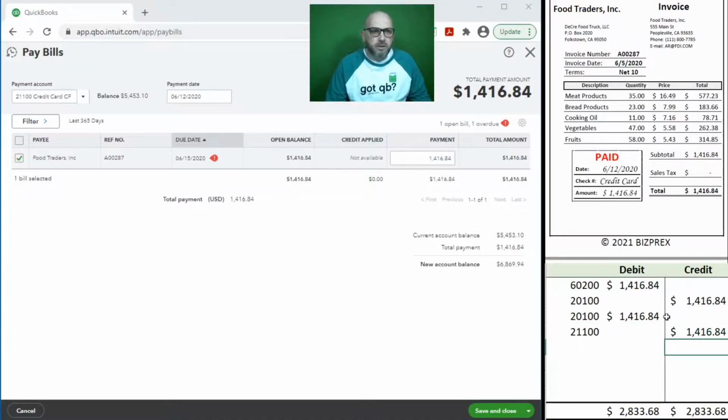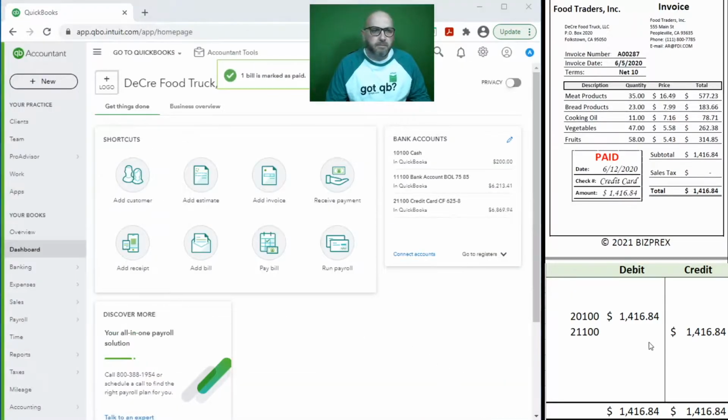So you can see this new entry is right here. This amount will be a credit to account 21100 and a debit to account 2100. It will reduce one liability and increase another liability. Makes sense, right? We're paying one liability with the other. Save and close. All right.